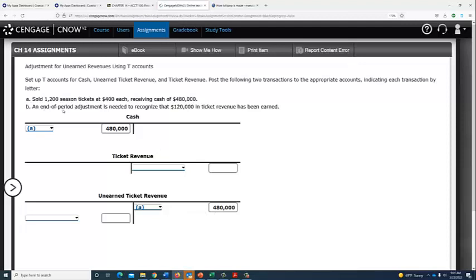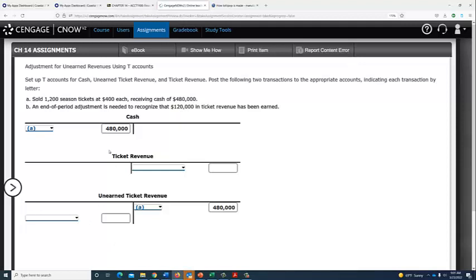Okay, in B, it says an end-of-period adjustment is needed to recognize that $120,000 in ticket revenue has been earned. So you're always trying to figure out how much you've earned to put into the ticket revenue. So it's telling us in this case that we've earned $120,000.